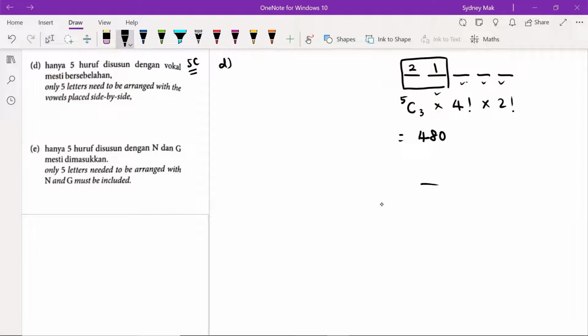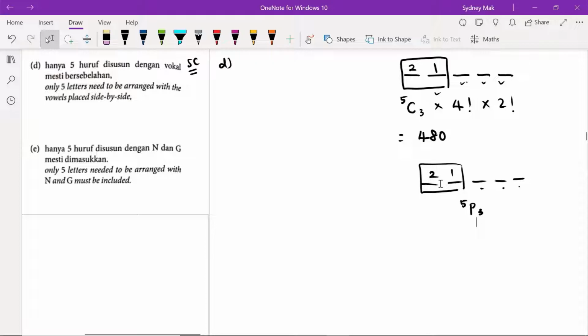Same thing, 1, 2, 3, 4, 5, whereby 2 items must be reserved for the vowels. So the vowels will permute among themselves 2 factorial. And then out of here, I'm left with 3 empty spaces. So these 3 will go to the consonants. So we will just take 5P3. That is when it is in this arrangement.